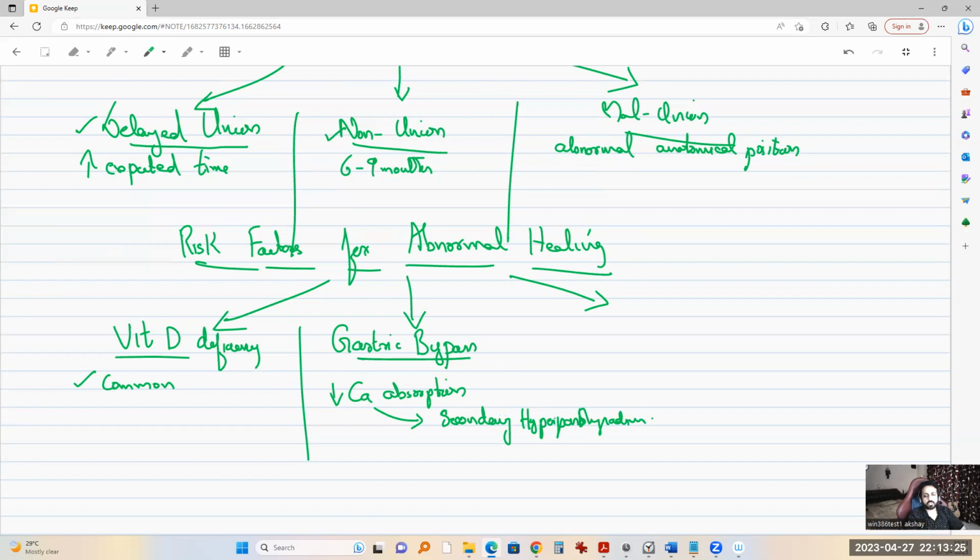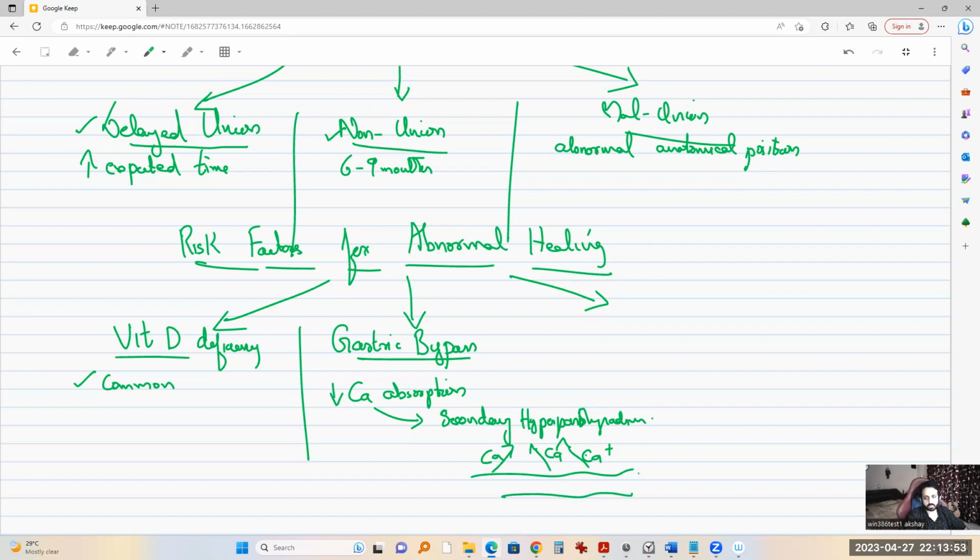As you know, the function of the parathyroid is to take calcium from the bone to the blood. It increases the calcium in the blood, but it strips the calcium from the bone. So all the calcium is removed from the bone.